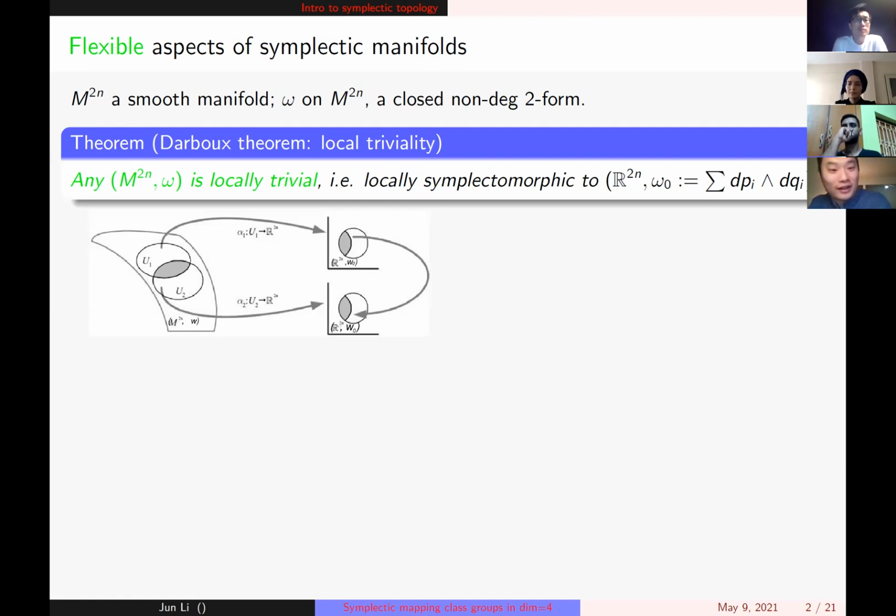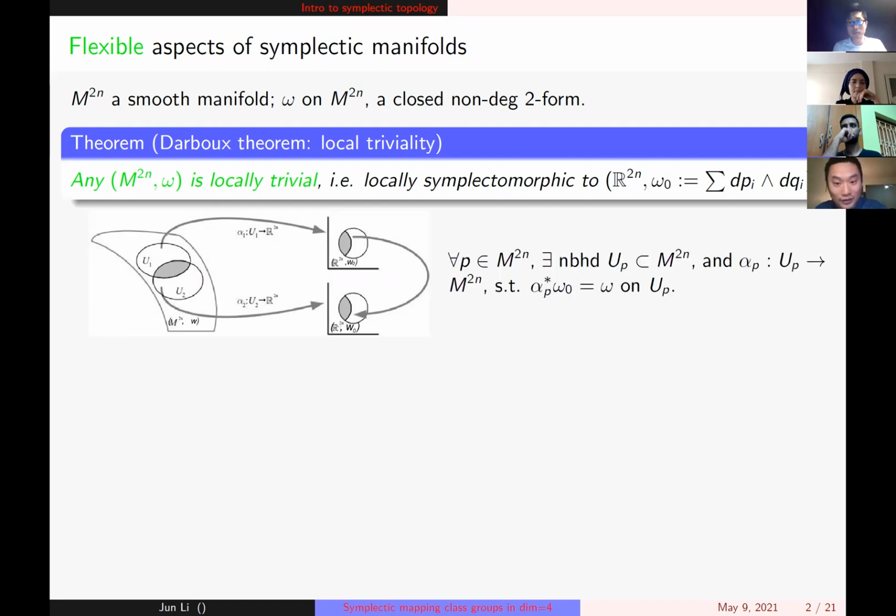The first theorem we learn in symplectic geometry or symplectic topology is always Darboux's theorem, meaning that for any symplectic manifold, we are able to find a Darboux chart locally at every point. It has a neighborhood that's a standard R^2n. Well, that's a formal statement, but I think "locally trivial" is a nice description of this flexibility.